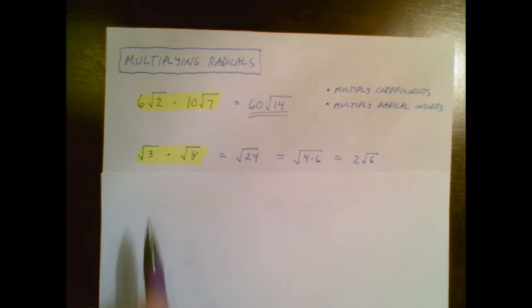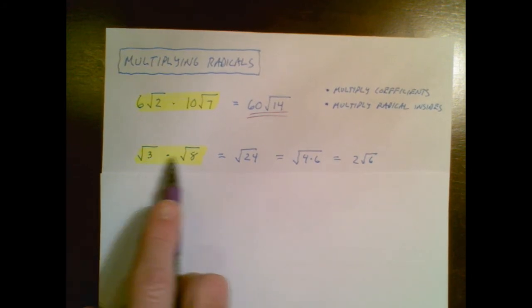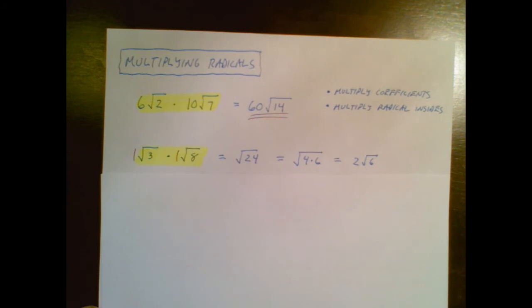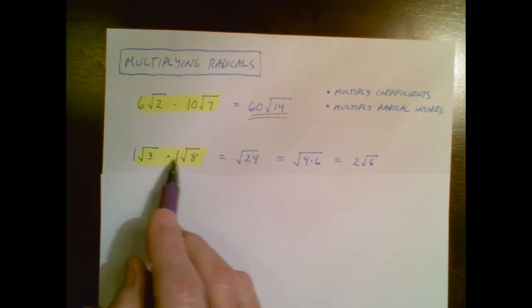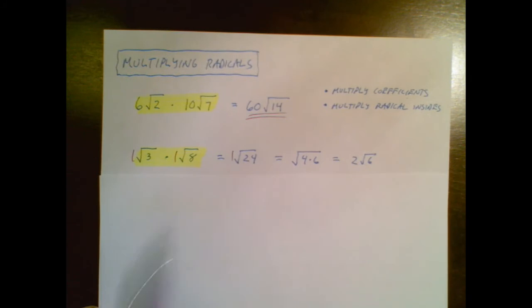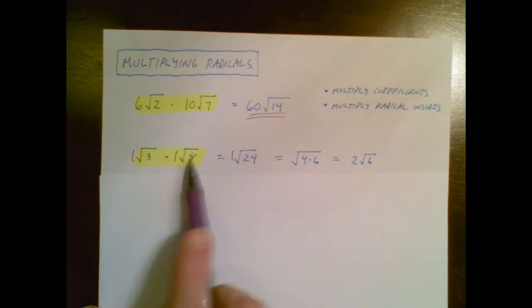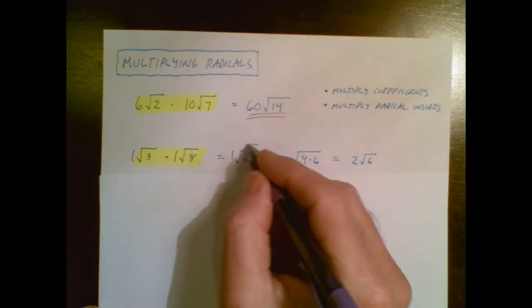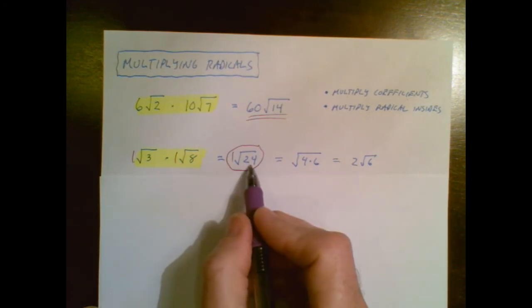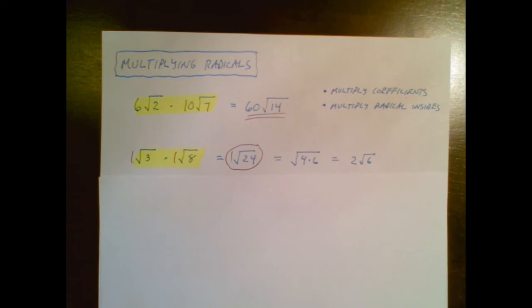In this next example, the 3 and the 8 are inside the radical. Technically, there's a 1 on the outside of both of those radicals, but 1 times 1 is 1. So multiplying the coefficients, not a big deal in this case. 3 times 8 is 24. That's a good answer, but it's not a final answer because remember the square root of 24 can be simplified.